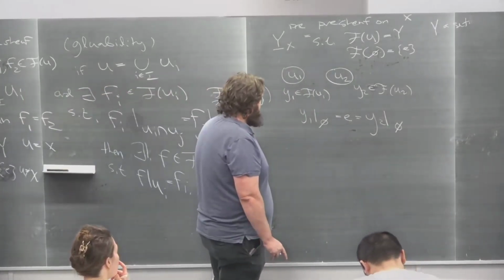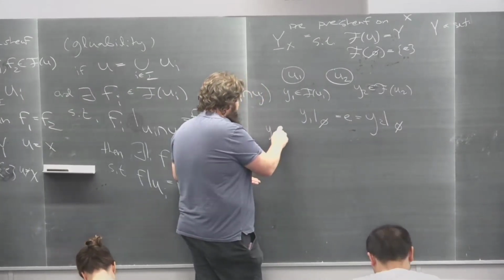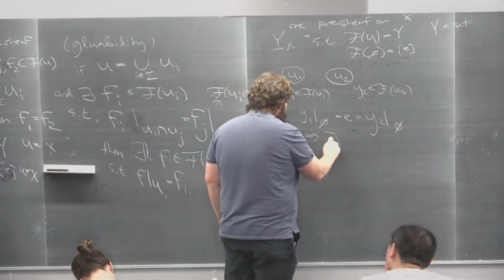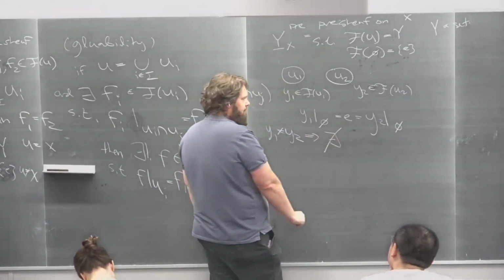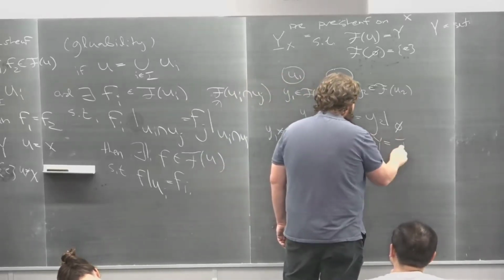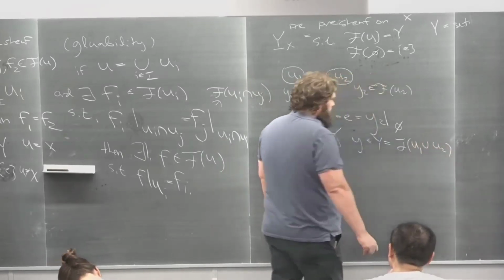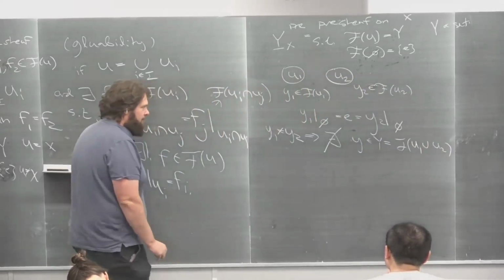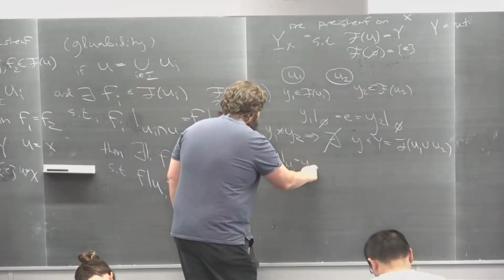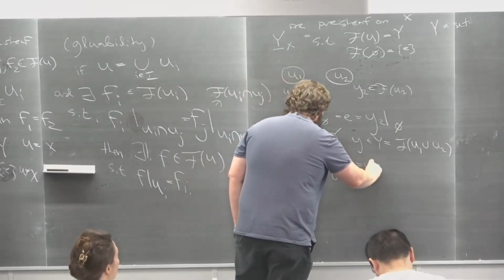Okay, great. So I have a problem here. If y1 and y2 are not equal, then there doesn't exist an element of Y, which is F applied to U1 union U2, such that y restricted to U1 is y1, and y restricted to U2 is y2.